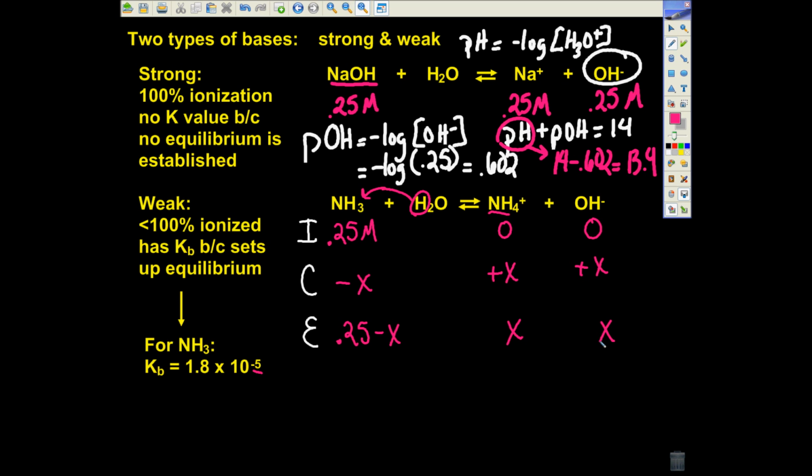So when I substitute that into the Kb formula, I'm going to get 1.8 times 10 to the negative 5 is equal to X squared over 0.25 minus X.